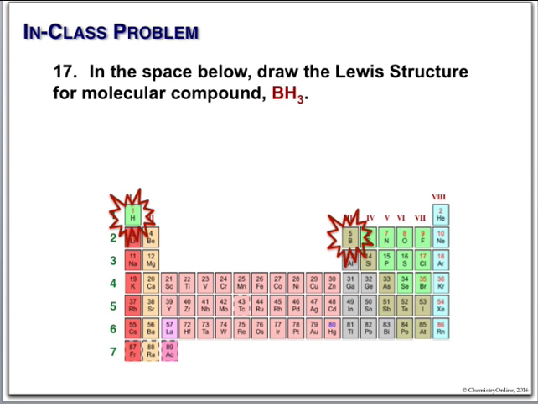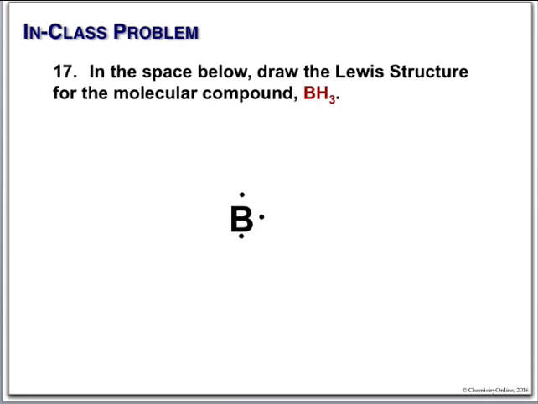So you start off by drawing your boron. 3 little dots around it. We have 3 hydrogens. They each have 1 electron. So they all go around our boron. Now, in order to form a bond, we use 2 electrons, 1 from each.